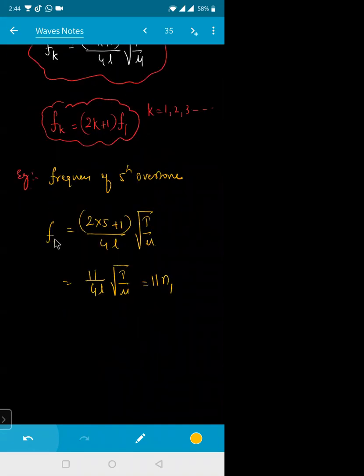So the fifth overtone is equal to 11 times the fundamental frequency. Okay, now? Clear, beta?